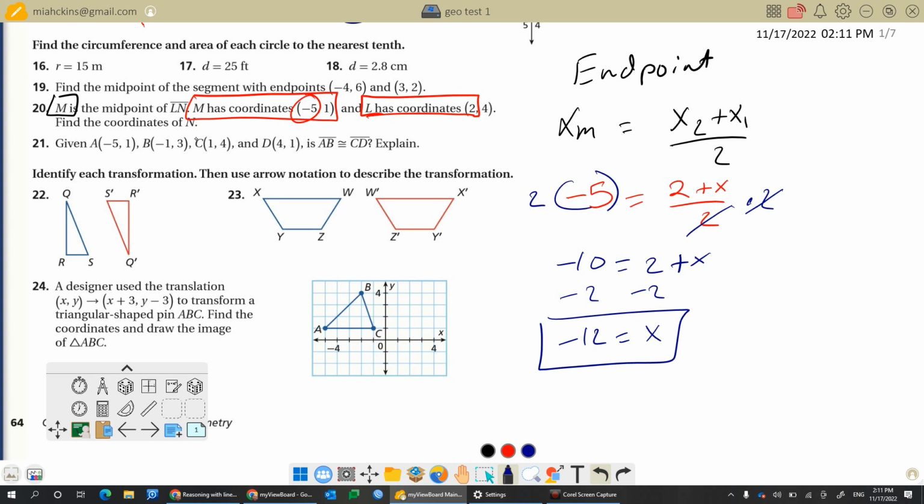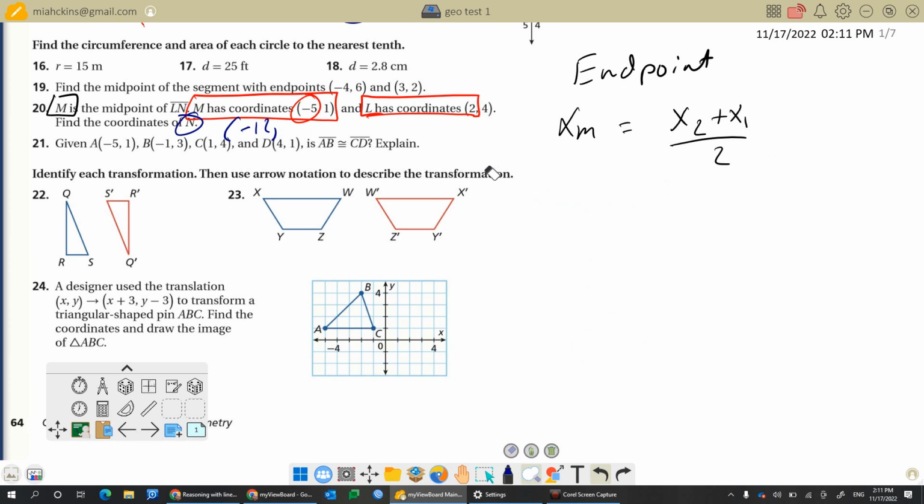So so far for the missing endpoint, we have -12 as our x, and we'll do the same thing for our y. So we plug in the y of our midpoint, which is equal to y2 plus y1 divided by 2. So what is our y? Well, it's 1.